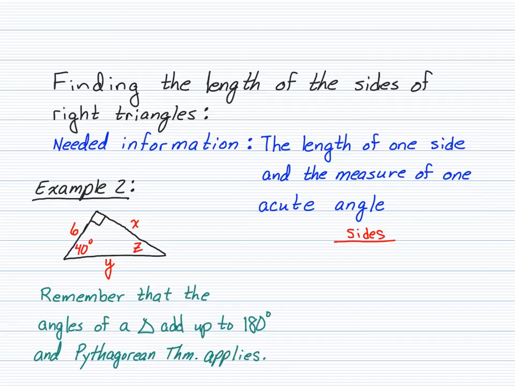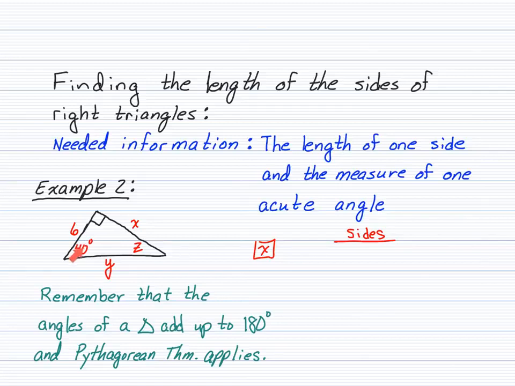All right, so if we want to find the length of the sides, let's start with side x. Well, if you use the information that is given to you, which is this side and this angle, and then we're looking at x, we don't need to pay any attention to y and z at this moment.